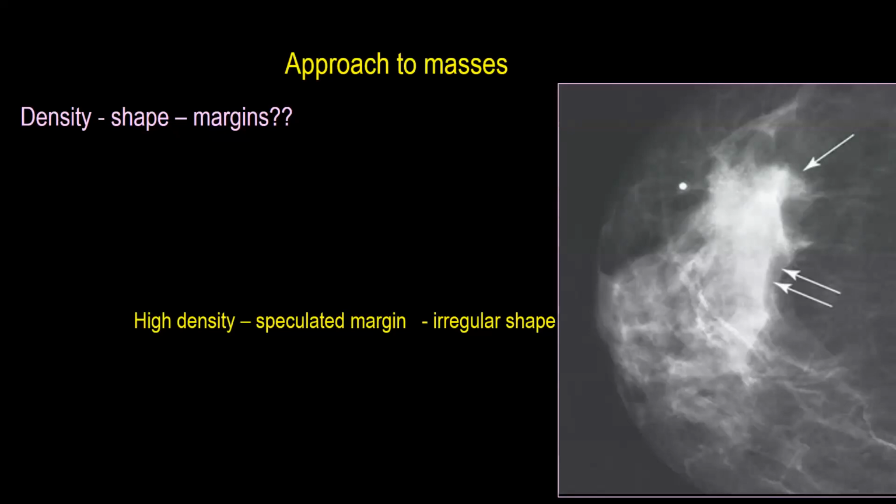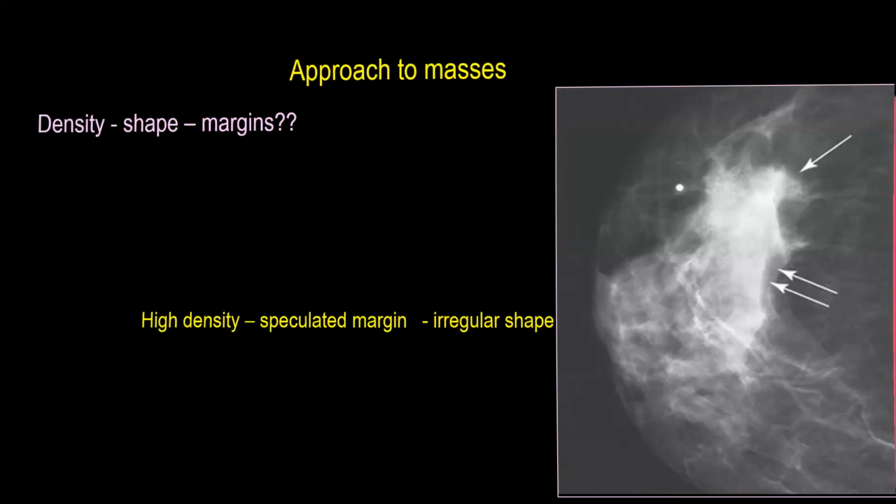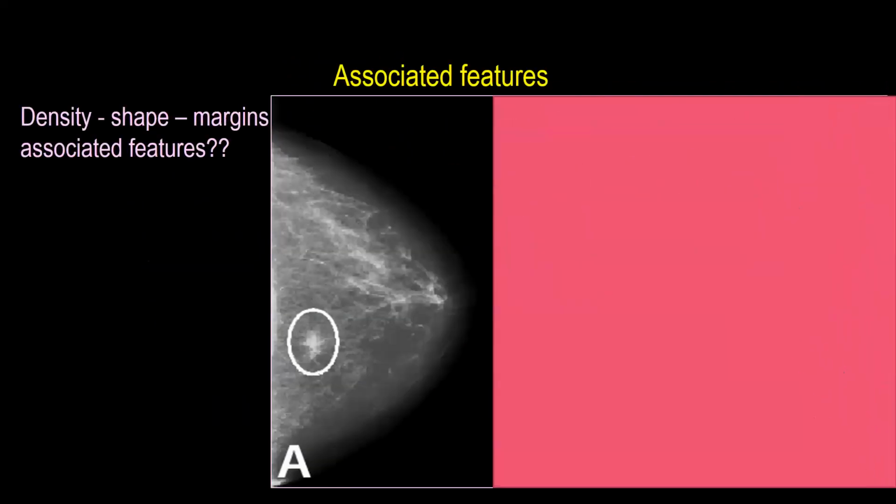Since you have seen speculation, if you are not sure, you can say non-circumscribed margin. Combination, between brackets: non-circumscribed margin. Whatever it is, speculated, indistinct, microlobulated, it is non-circumscribed margins, if you are not sure.